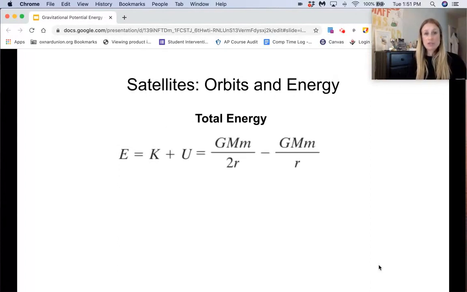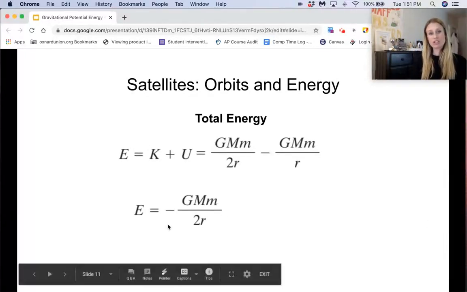If we insert those equations from the last slide, we get GMm over 2r minus GMm over r. So what we end up getting for our total energy of the system is negative GMm over 2r.